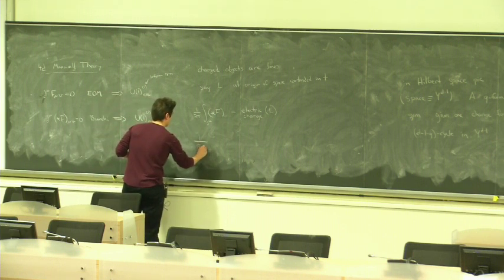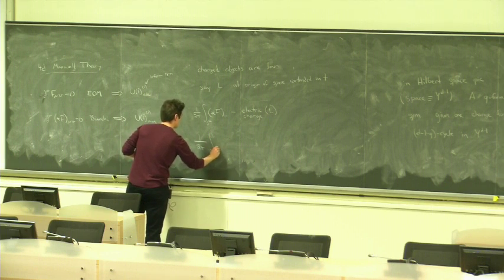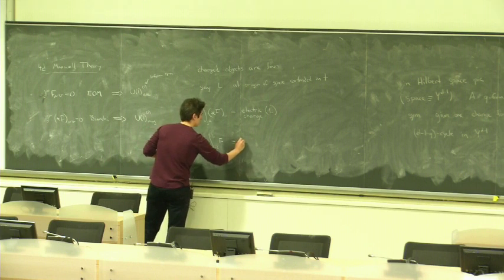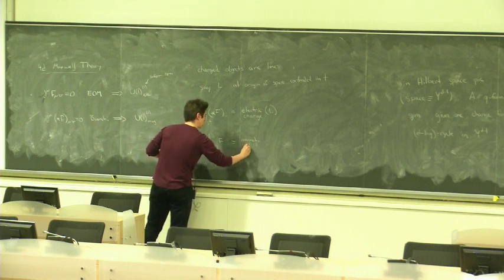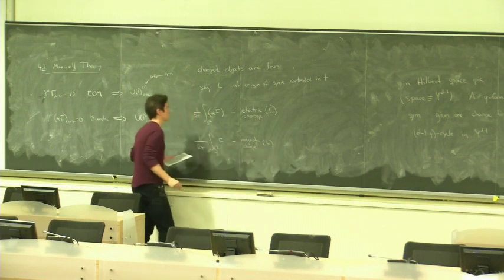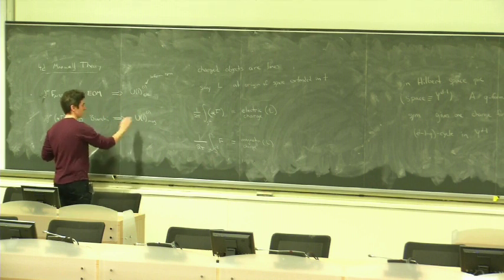Okay, we do the exact same calculation for the magnetic one. Now we put the star and we get just F, and this is the magnetic charge. That's why this one is called the U(1) magnetic symmetry.